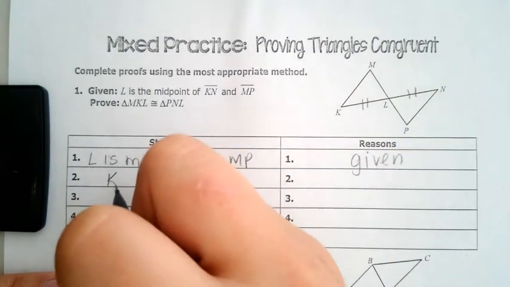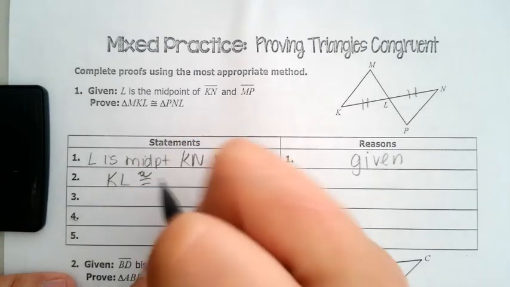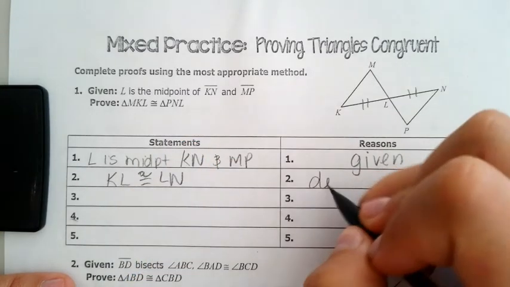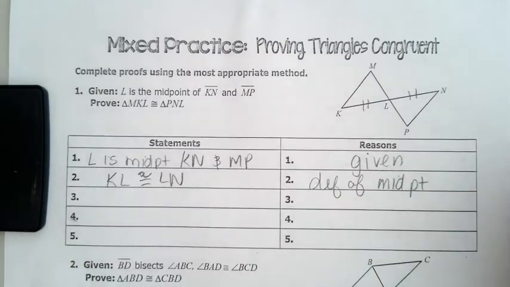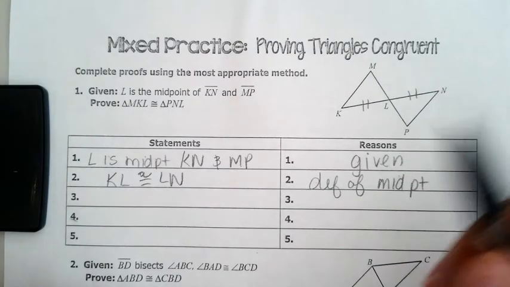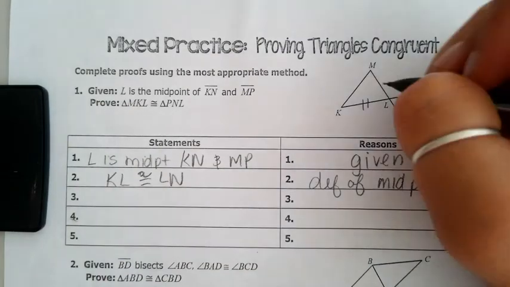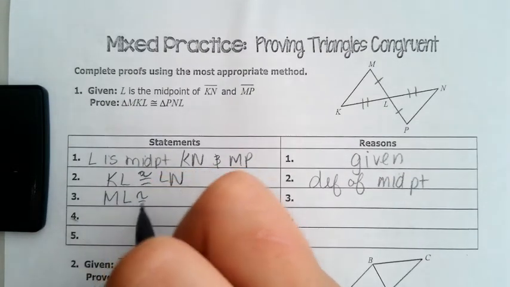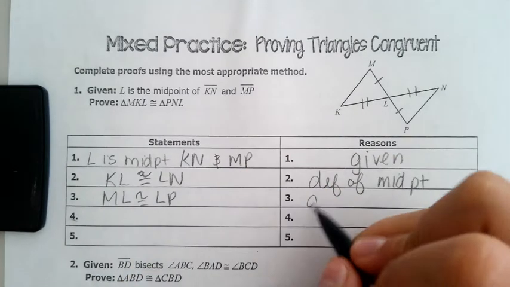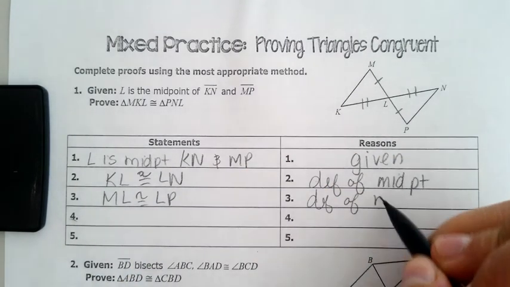So we can say KL is congruent to LN by definition of midpoint. Then we're also told L is the midpoint of MP. So that means ML is congruent to LP by the definition of midpoint.